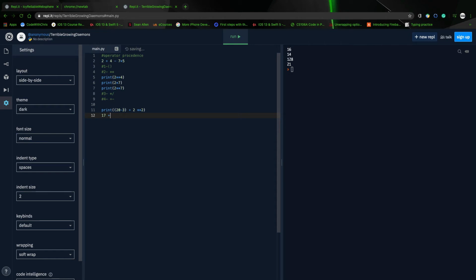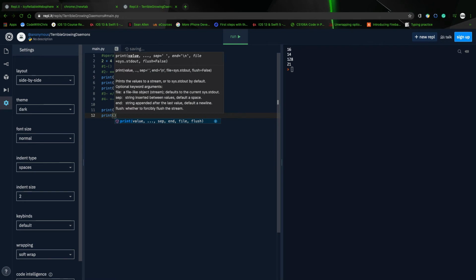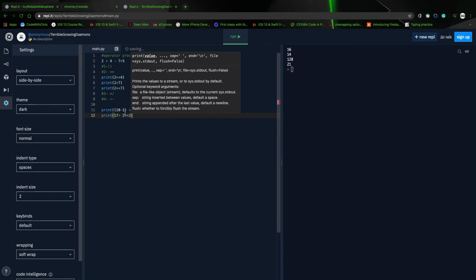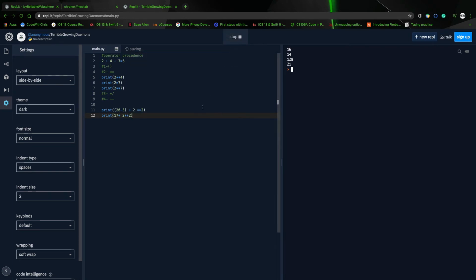So 17 plus 2 to the power of 2, we get 21, right? My apologies, it's not a good example, because it still gave the same answer, but what I'm trying to do is explain how the order of precedence goes.